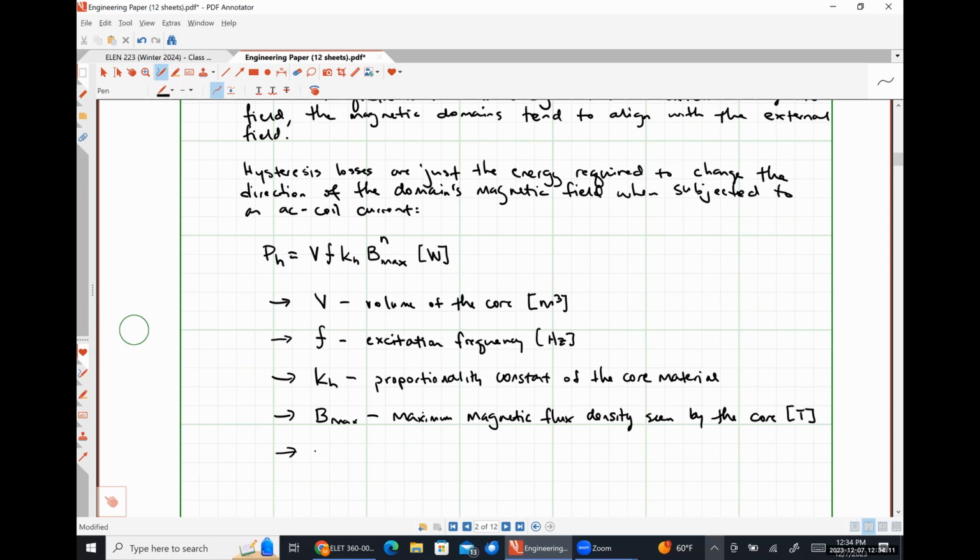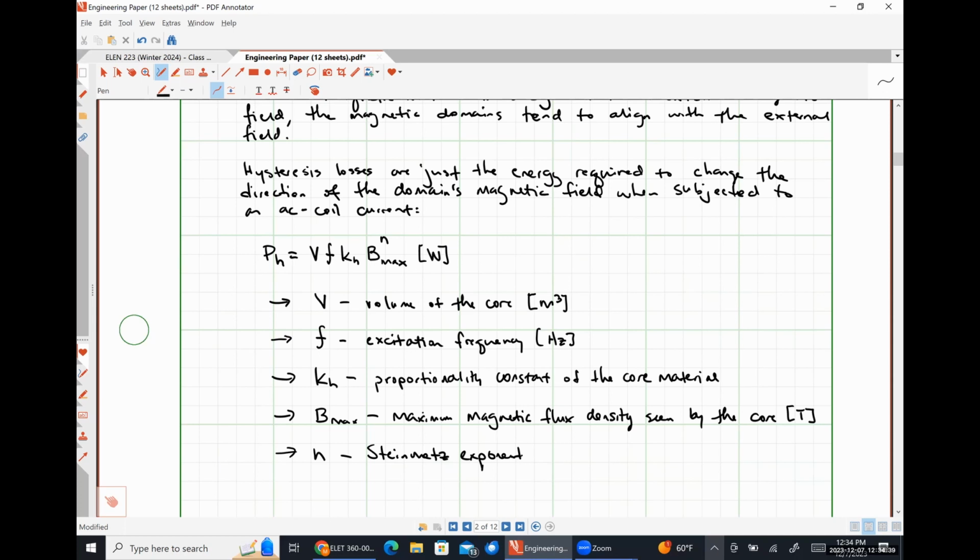And lastly, n is what's called the Steinmetz exponent. Apparently the guy that came up with this equation wanted to put his name on it somewhere, so he got to put his name on the coefficient.